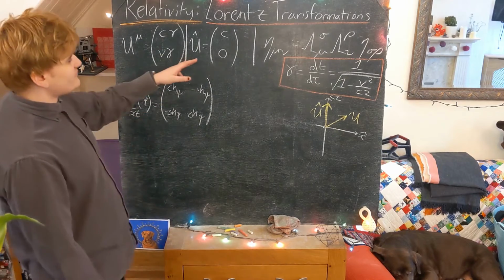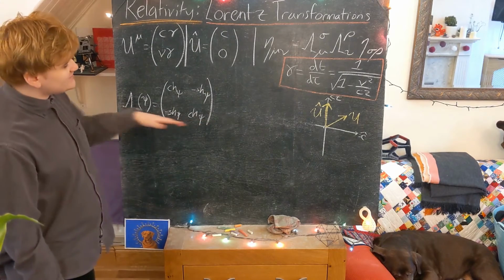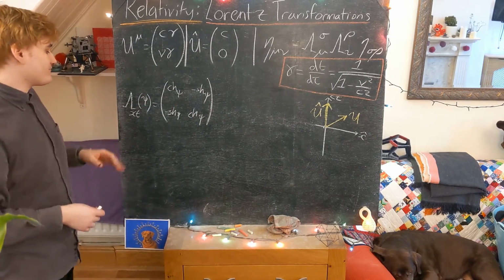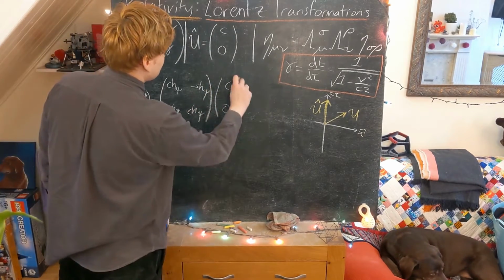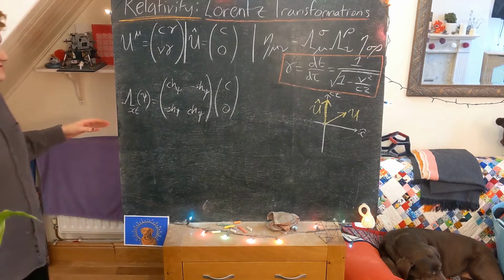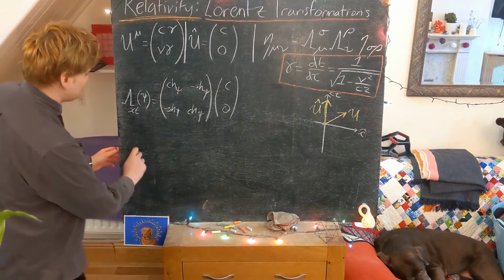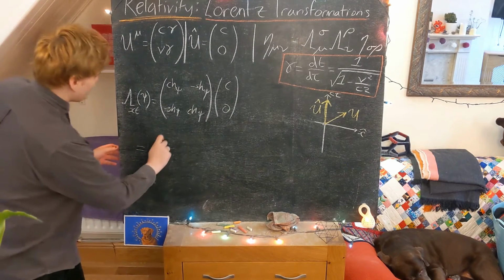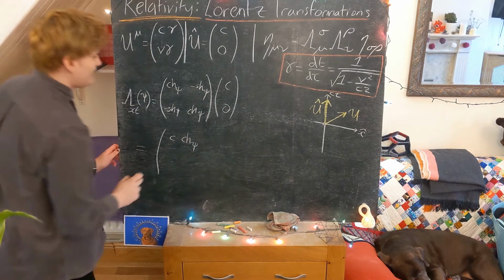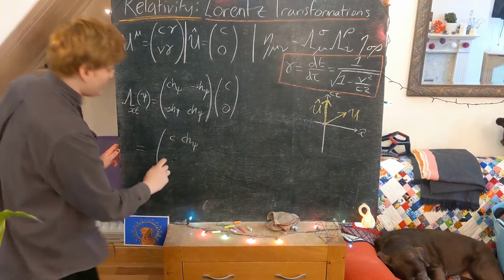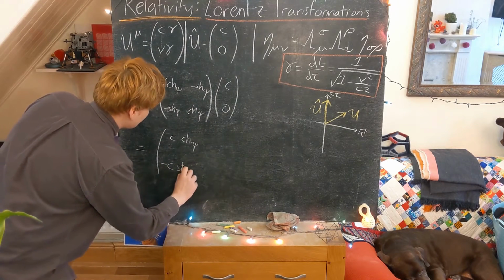So now let's look at what happens when we Lorentz transform this stationary full velocity vector, or we boost it, into some moving frame. So we simply need to compute the following matrix multiplication, boosting our stationary vector. This is now going to give us c cosh psi, and then a minus c sinh psi.